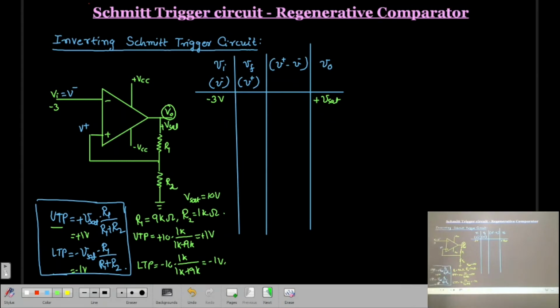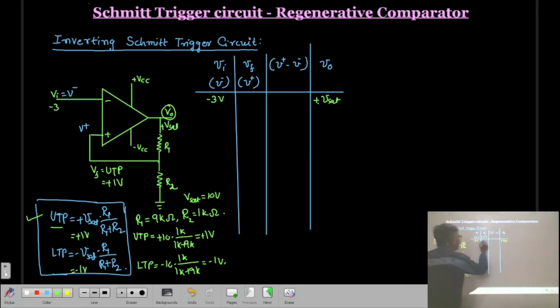So when I apply a very large negative input voltage, this ensures that the output voltage will be plus V saturation, and then the feedback voltage will be nothing but the UTP, which is plus 1 volt.